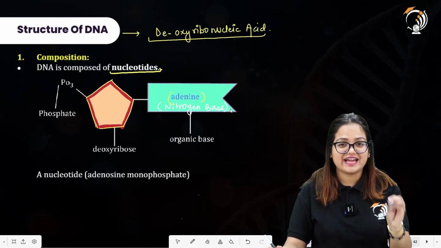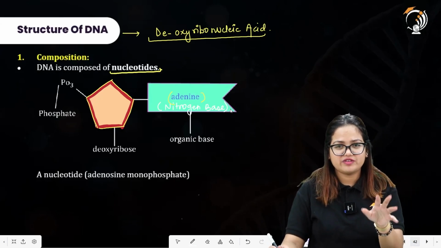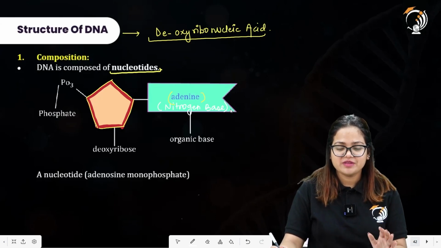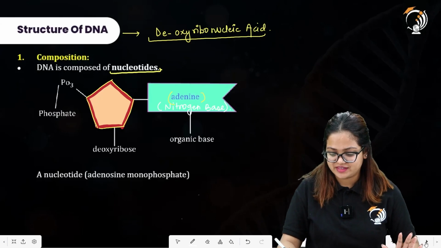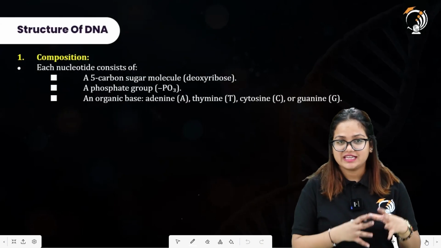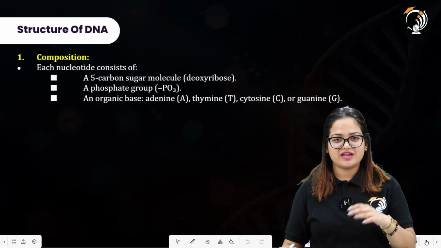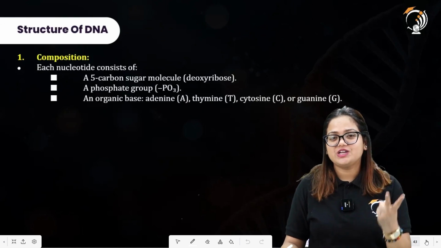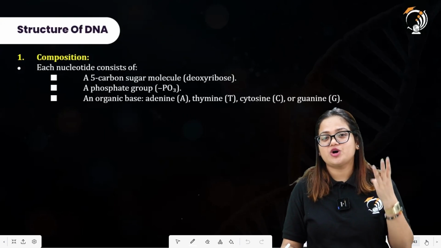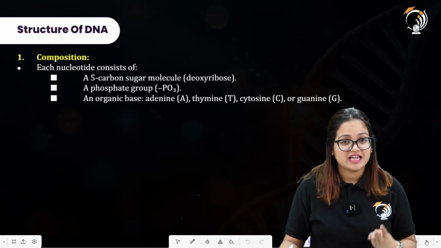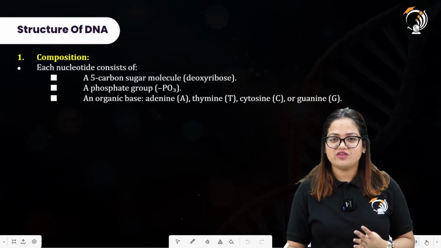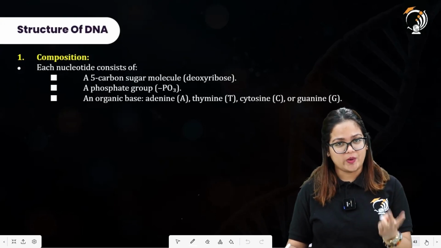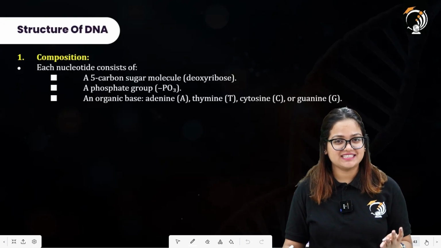Since we have just gathered a small amount of information about the structure of DNA, we will proceed term by term. Now, the composition: each nucleotide consists of one phosphate group, one deoxyribose sugar, and one nitrogenous base, of which we have 4 types. These are adenine, guanine, cytosine, and thymine.